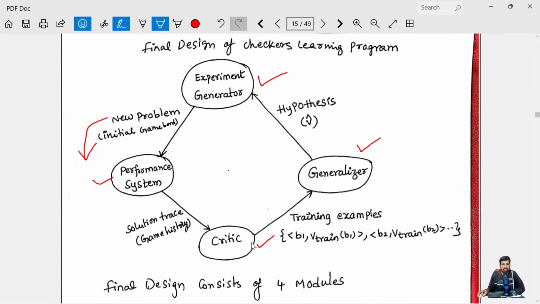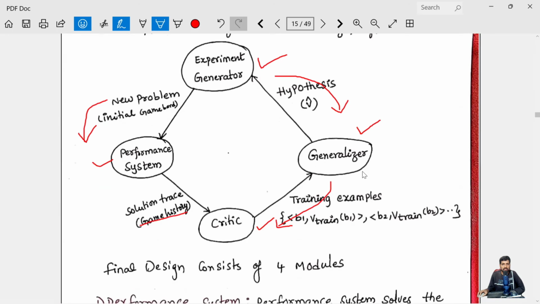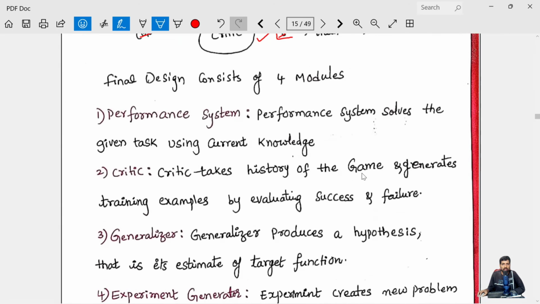The critic checks the previous history. The generalizer is based on training examples. The last one, the experiment generator, focuses on hypothesis. Let us look deeper at these four steps.